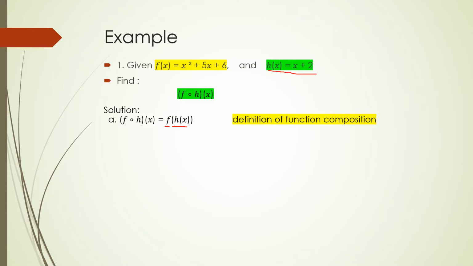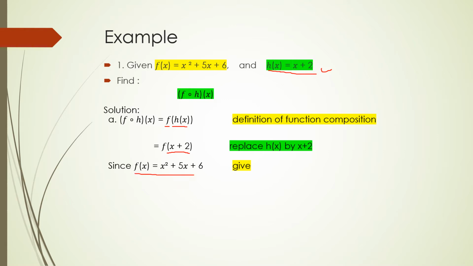Since h of x is equal to x plus 2, we replace h at x by x plus 2 because that is the given function. Next, since f of x is equal to x squared plus 5x plus 6, that is given.